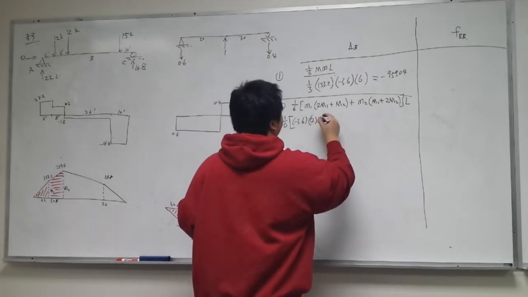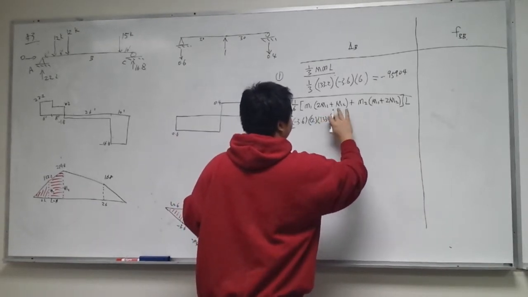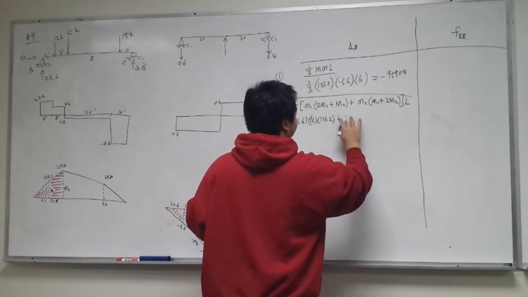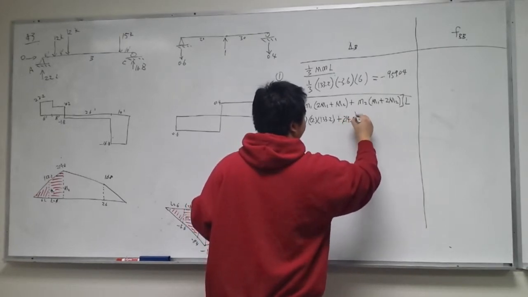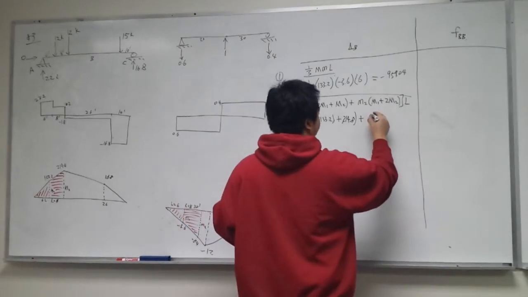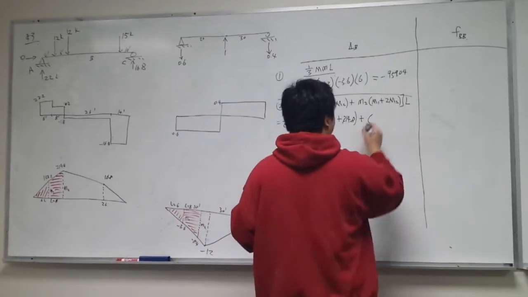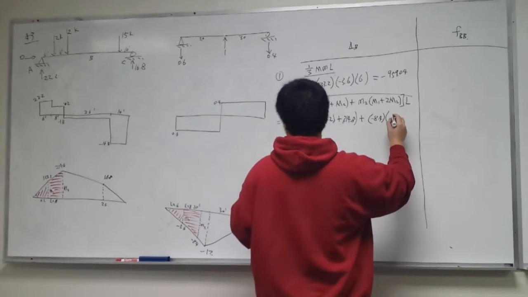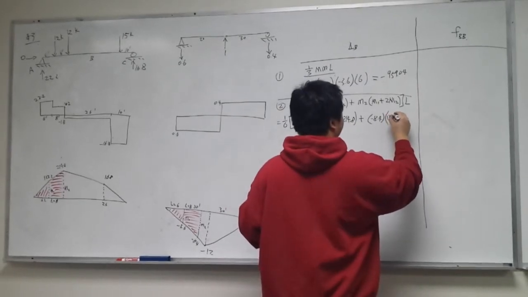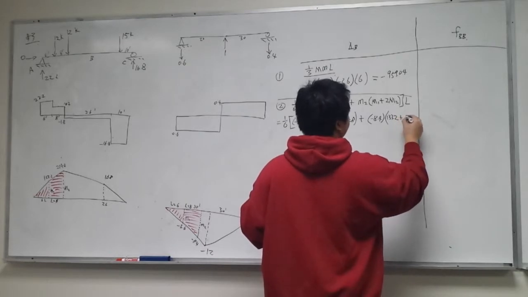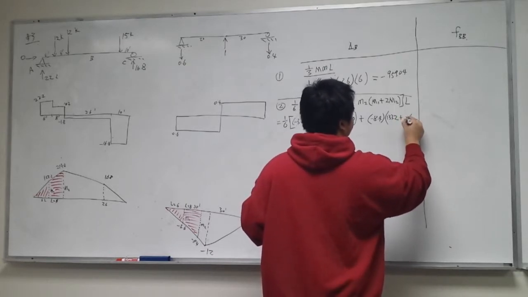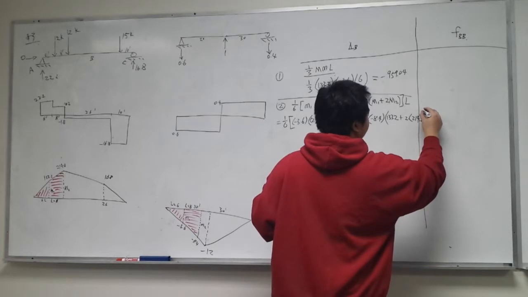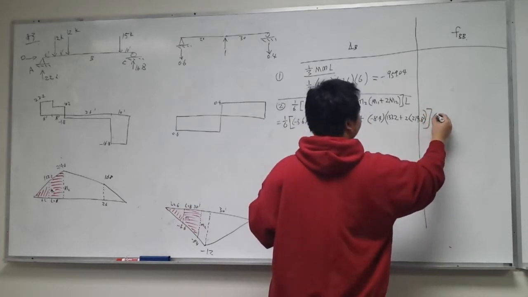Big M1 is 133.2 plus big M2 214.8, plus small m2 negative 8.4 times big M1 133.2 plus 2 times big M2 214.8, times L. L is 8.